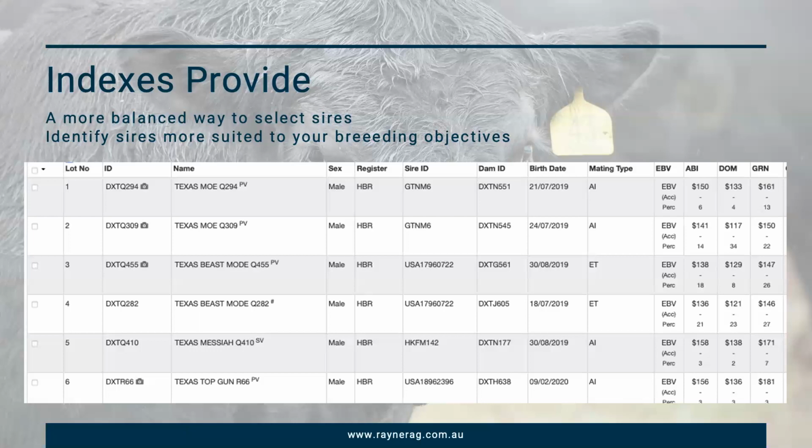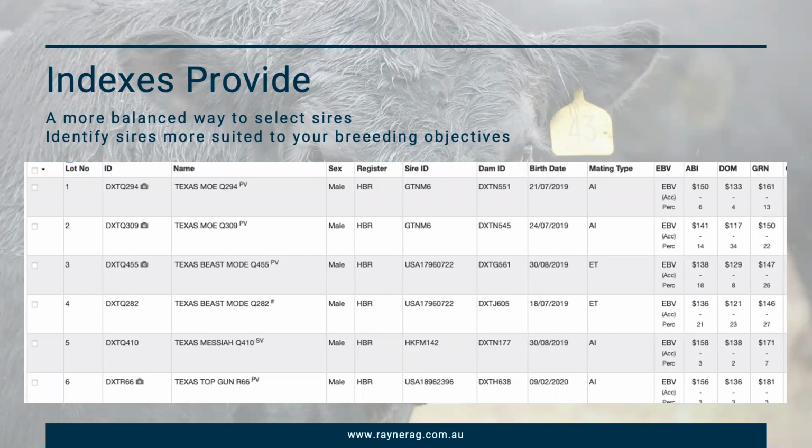You can then re-rank them into 10 bulls. And what you have done is you've taken into account and you've avoided having to try and work out correlations and heritabilities and the other impacts that are occurring in the back of that genetic mix to give you the bulls that are best suited to your program.